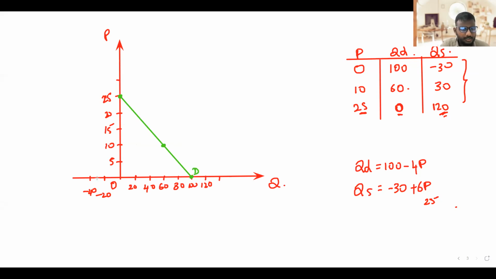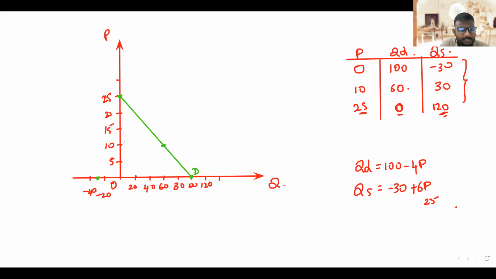Likewise, for the supply curve also, the supply is negative 30 when price is 0, and positive 30 when the price is 10.